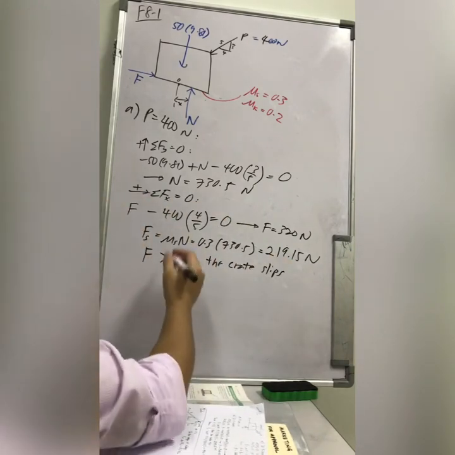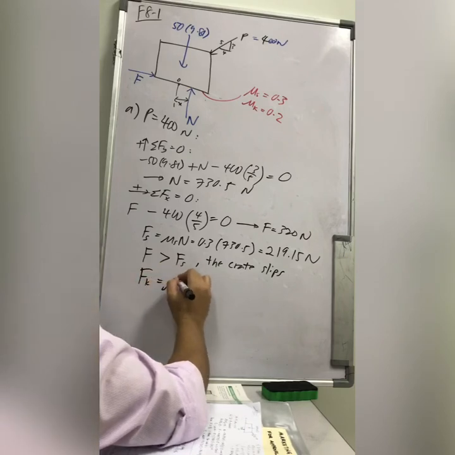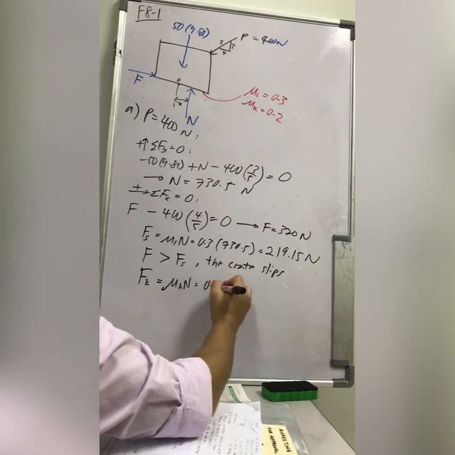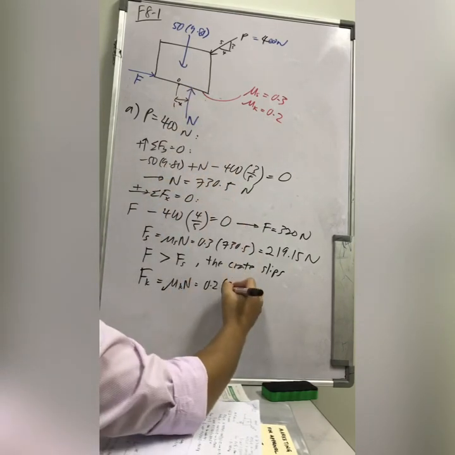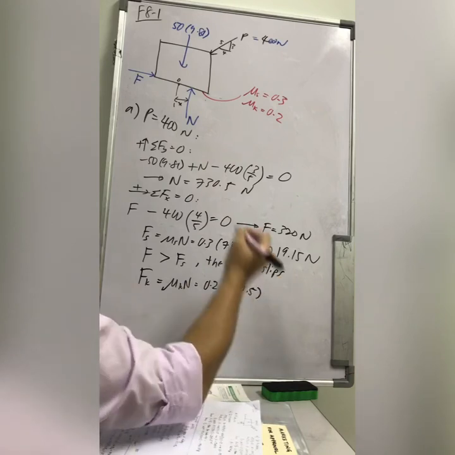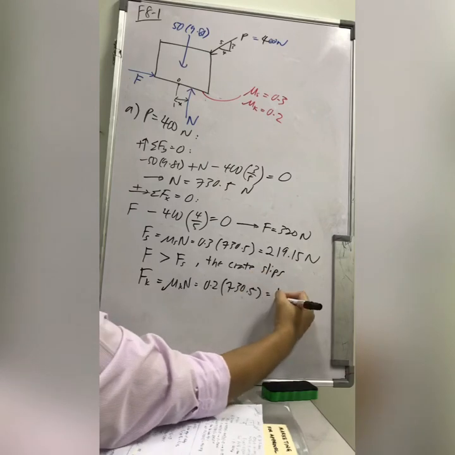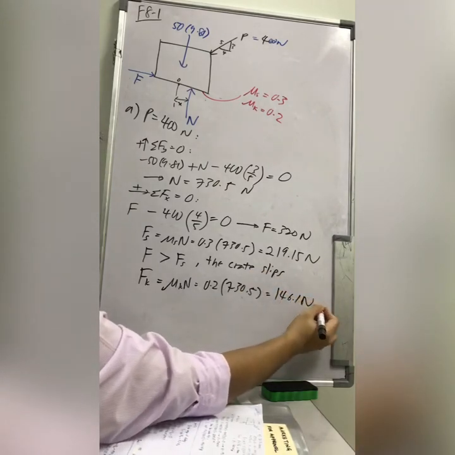Then you have to find your kinetic friction force, which is μk times N. Your μk is 0.2 and your N is 730.5, so it is 146.1 Newton.